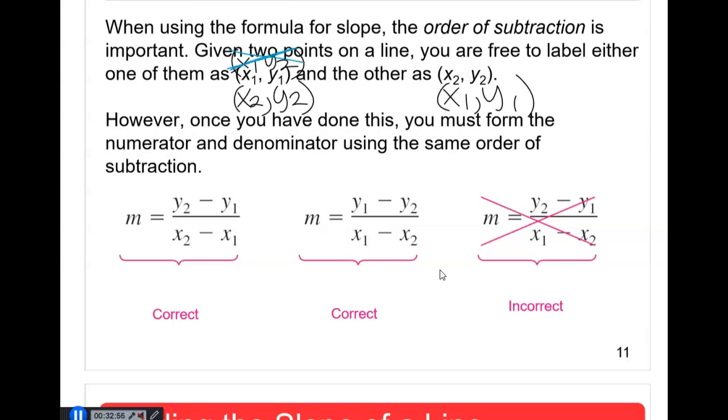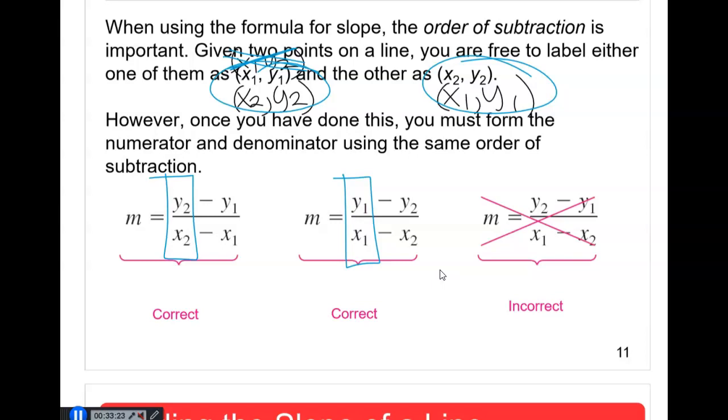So this will be wrong. If you decide to start with the second point values, that's okay. But if you decide to start with the first point values, that is also okay. That is an equivalent way to explain that it doesn't matter which point you label x sub 1, y sub 1, and the other point x sub 2, y sub 2, as long as you don't mix the two subscripts.